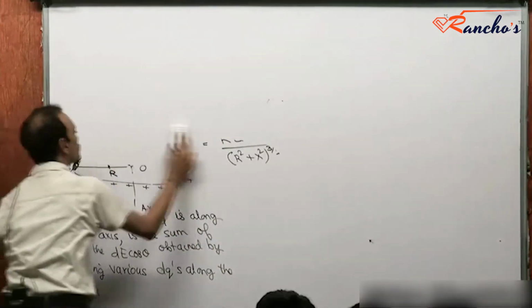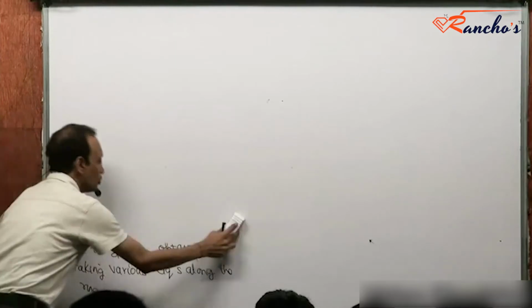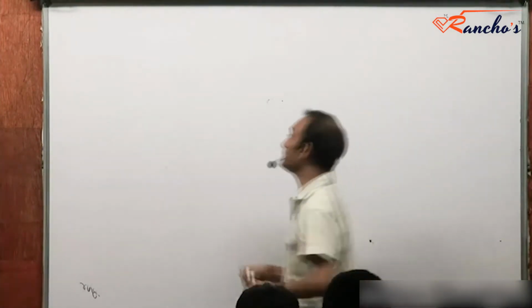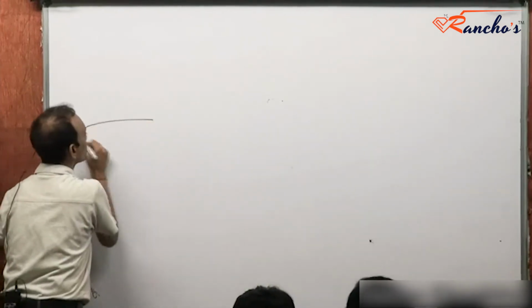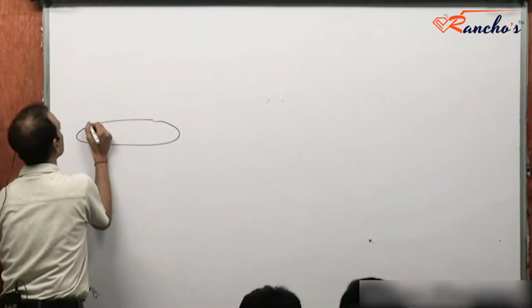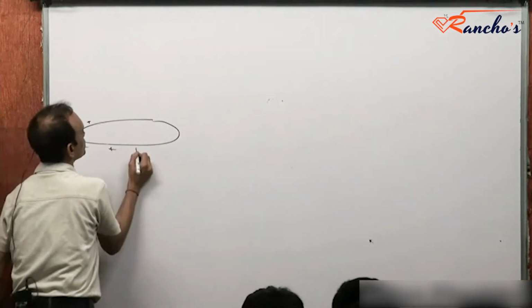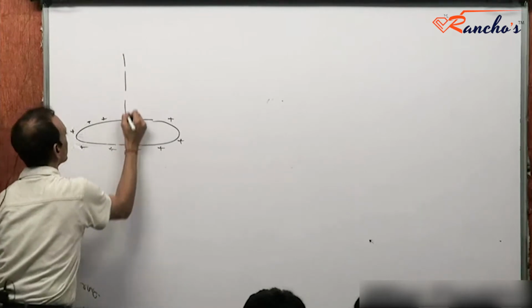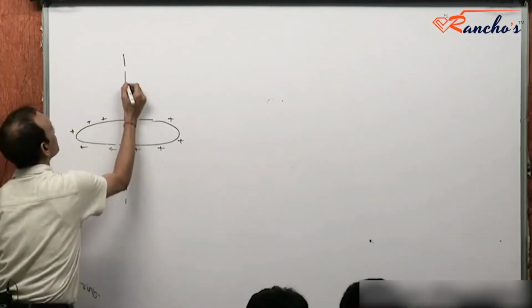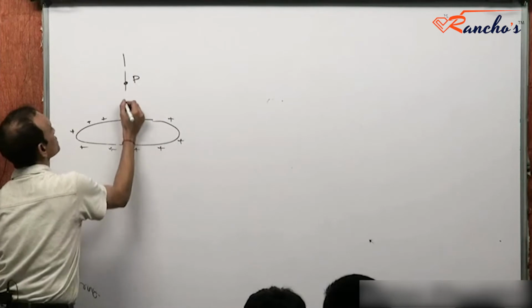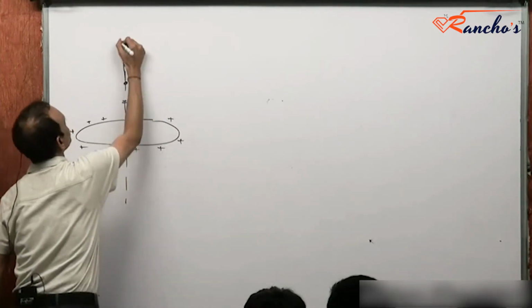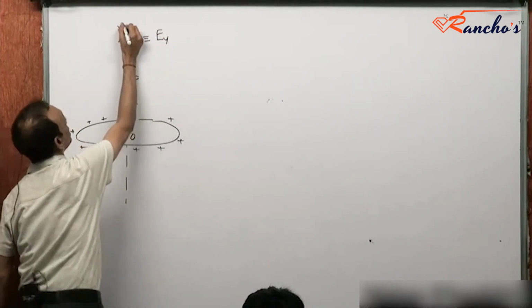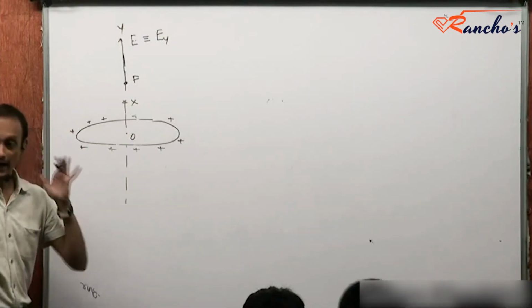So, electric field at a point on the axis of a ring, uniform charge distribution. What turns out is, if I have charge distributed uniformly along the circumference of a ring, then at a point P, distance x from the ring, the net electric field will be in the y direction, along the axis.